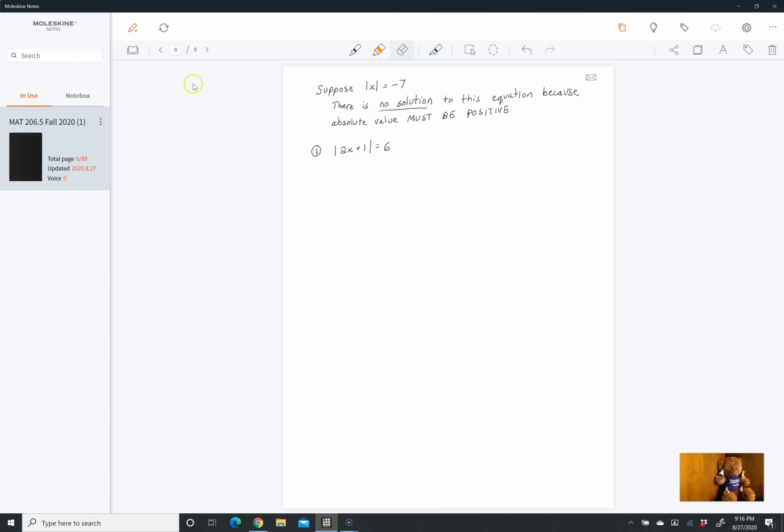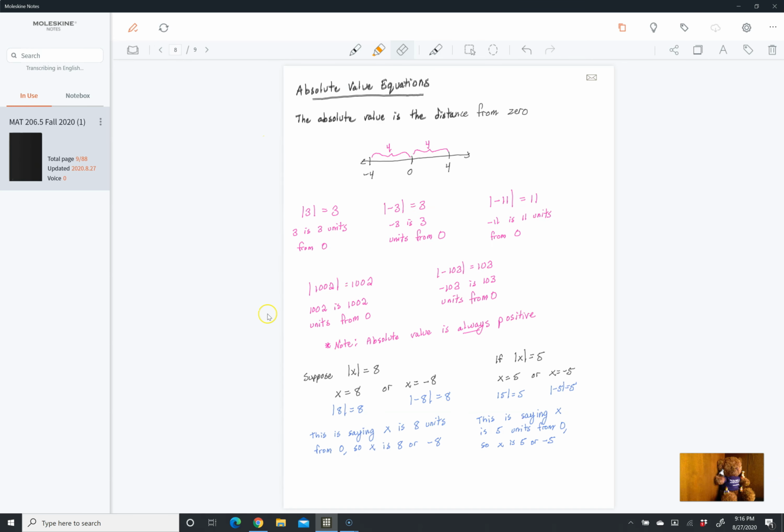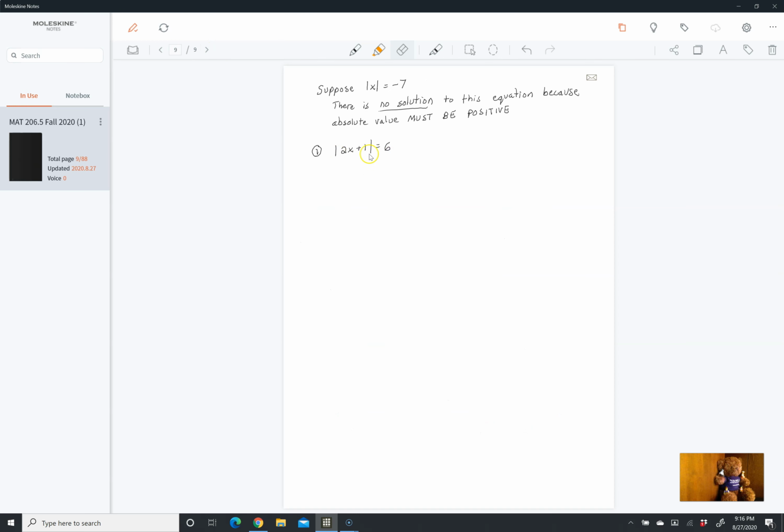Let's think about what this is saying. This is saying that what's inside the absolute value sign is this many units from 0. So what this is saying is that 2x plus 1 is 6 units from 0.